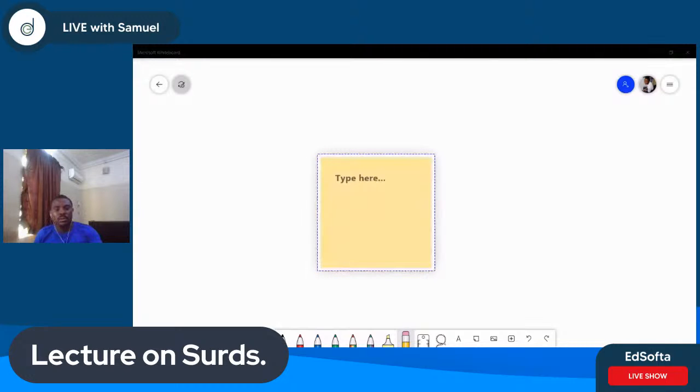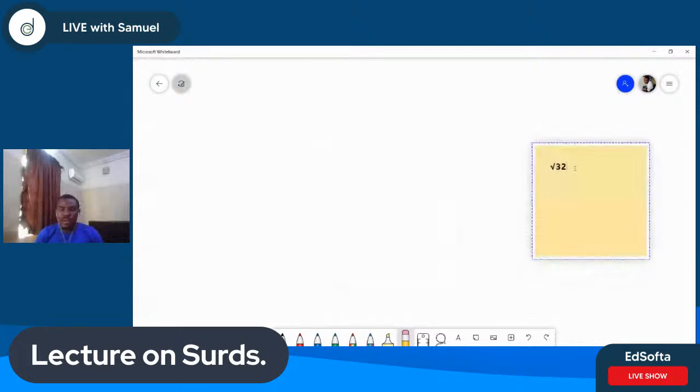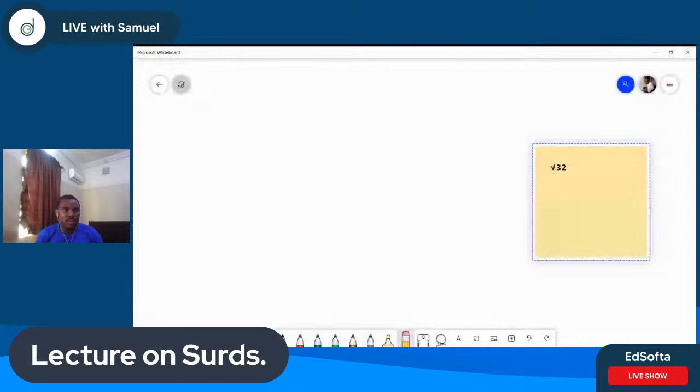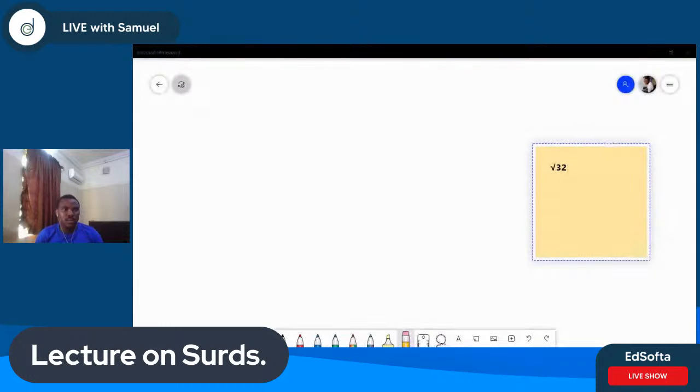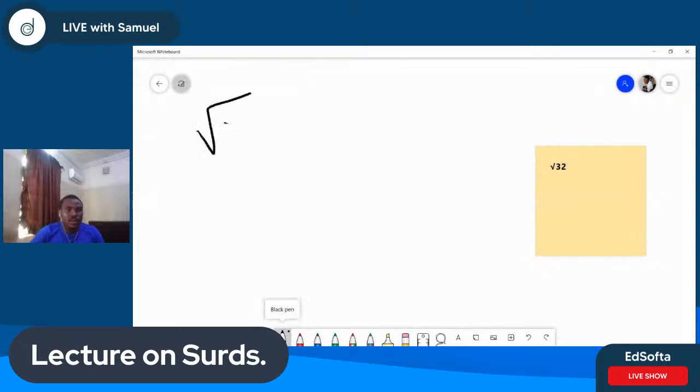So we have root 32. How can we simplify root 32 to its lowest form?